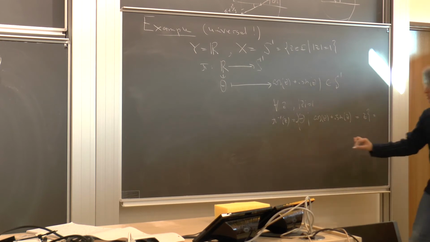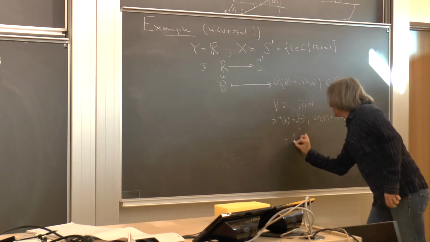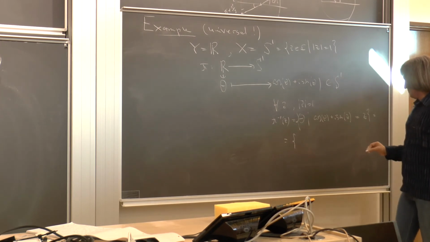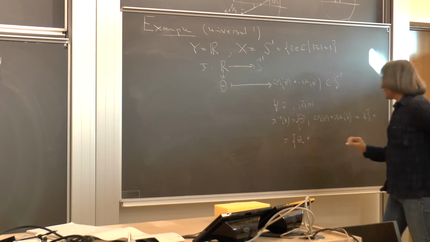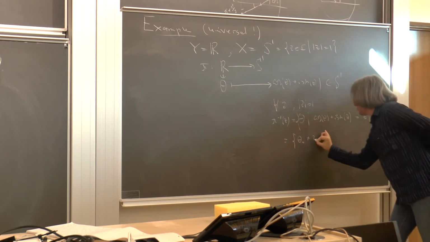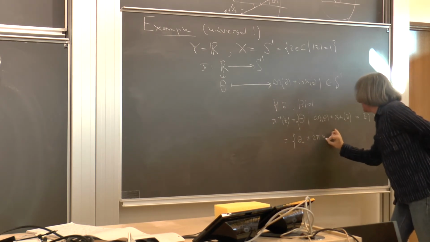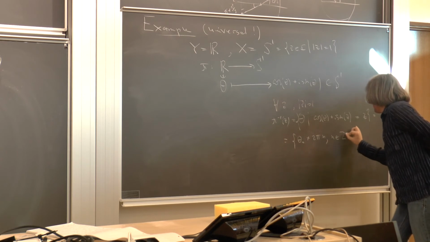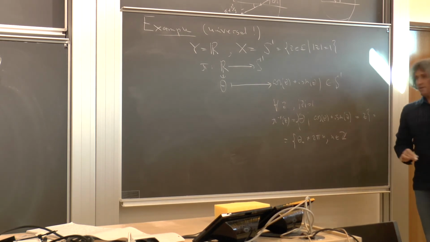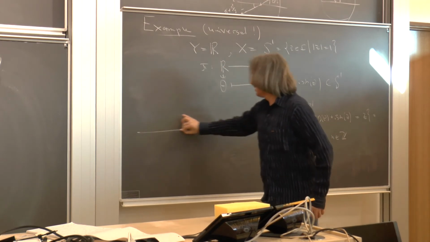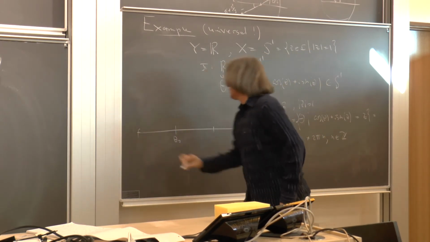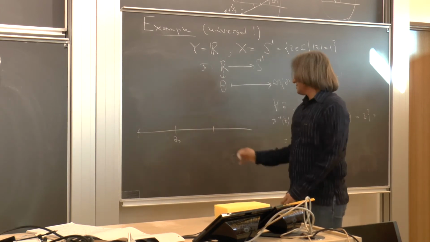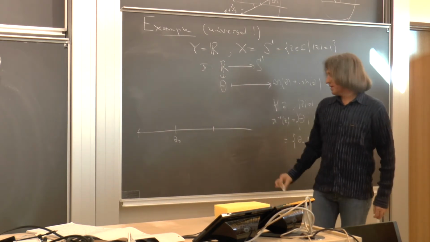But then we can choose one of them and start adding 2 pi n, where n is in Z. So in terms of the real line, the preimage looks like some particular theta naught, and then many steps in all directions.